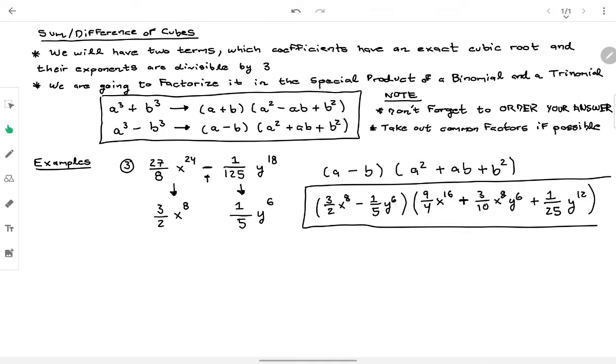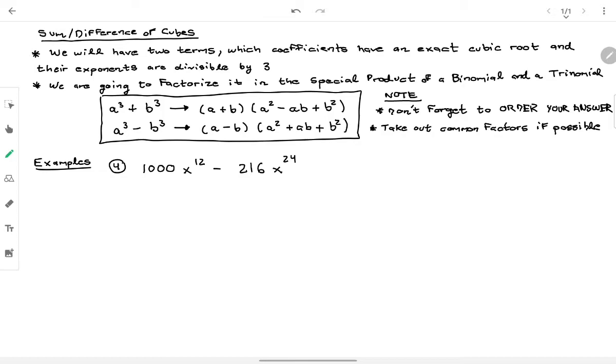So let's continue with another exercise of sum and difference of cubes. So imagine we have something like this: 1000 x to the 12 minus 216 x to the 24. Remember, if we can take out common factors, we can do it since the beginning or we can do it also at the end.